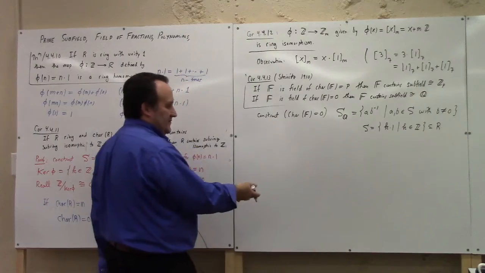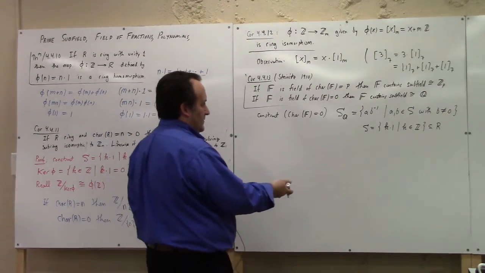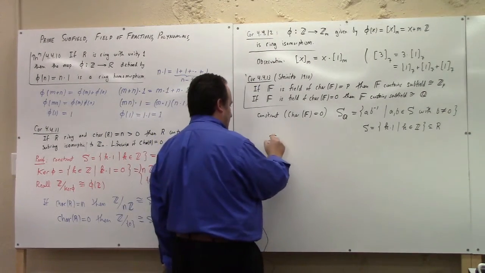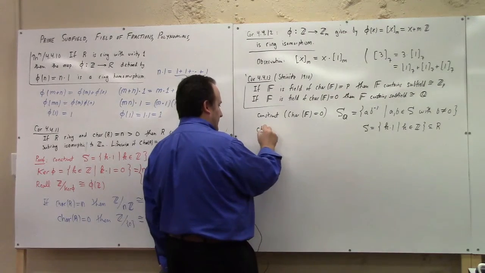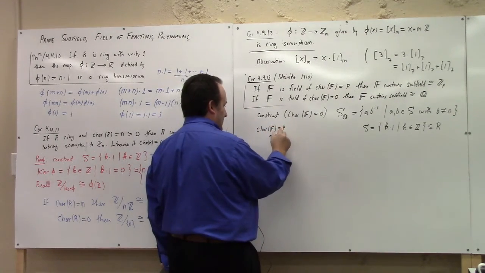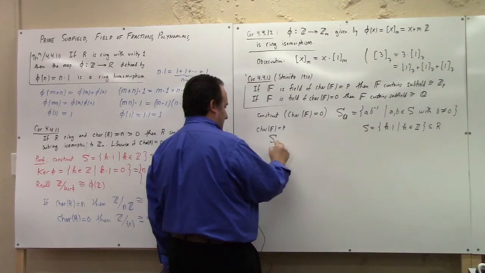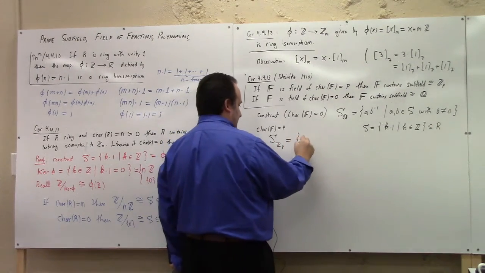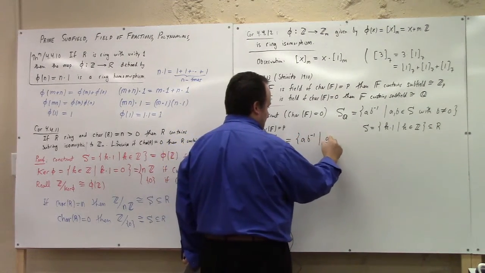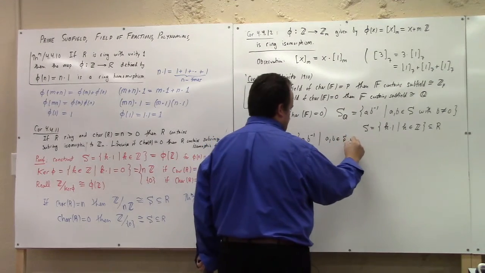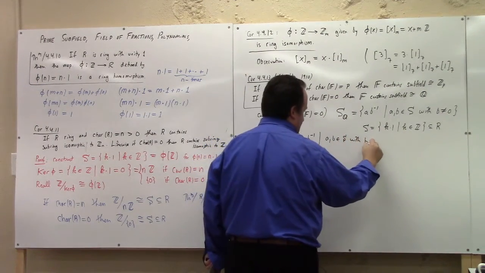And the same goes for the characteristic p case: you construct, let's say, S sub Zp, which is a times b inverse such that a and b are in S. Same deal again.